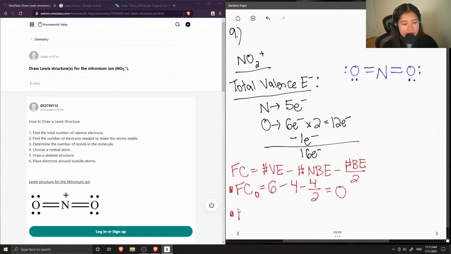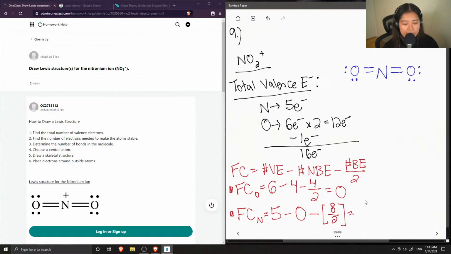So now let's do the same thing for nitrogen. The nitrogen has 5 valence electrons, and there are no lone pairs on the nitrogen atom, so the number of non-bonding electrons is 0. And for the number of bonding electrons, we have 2 sets of double bonds, so we have a total of 8 bonding electrons divided by 2.